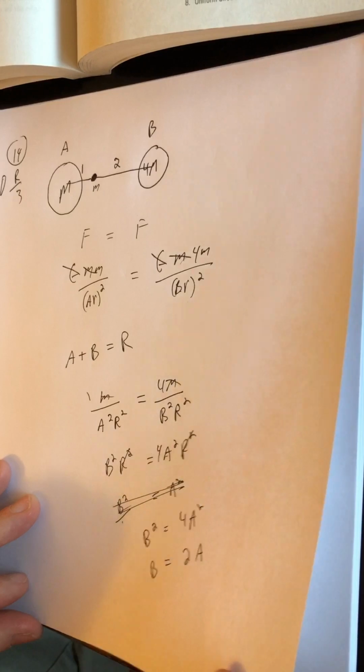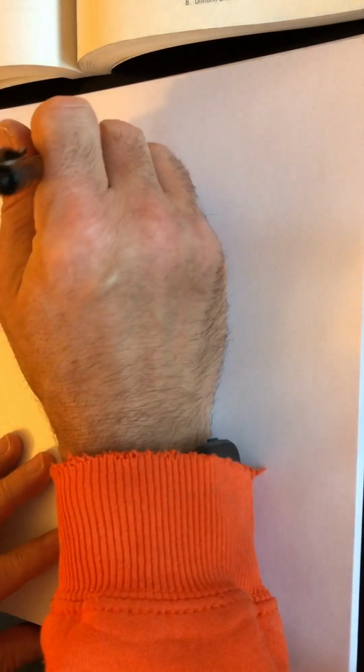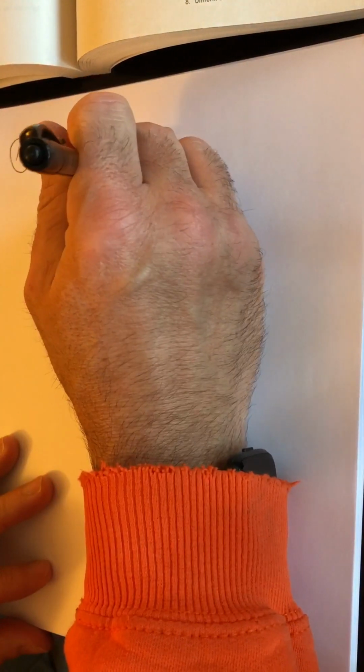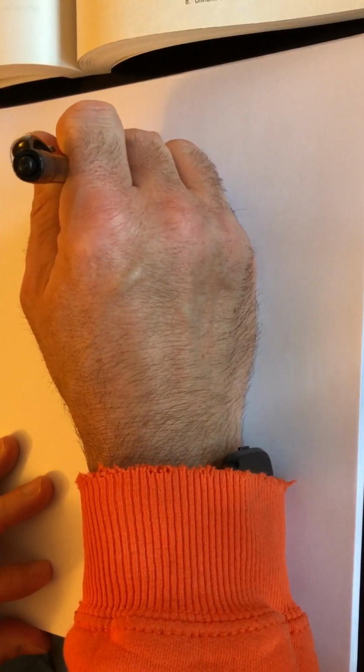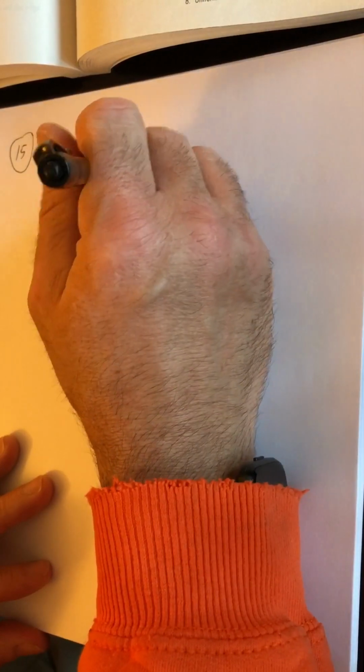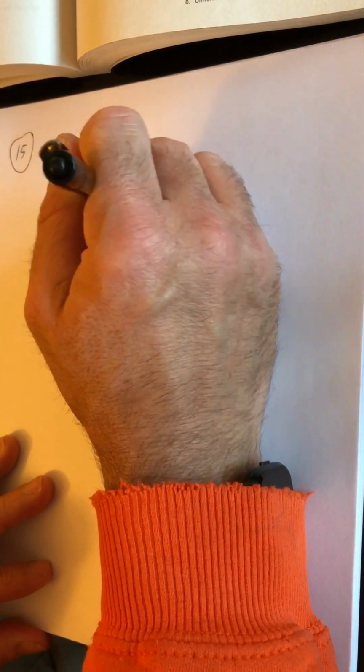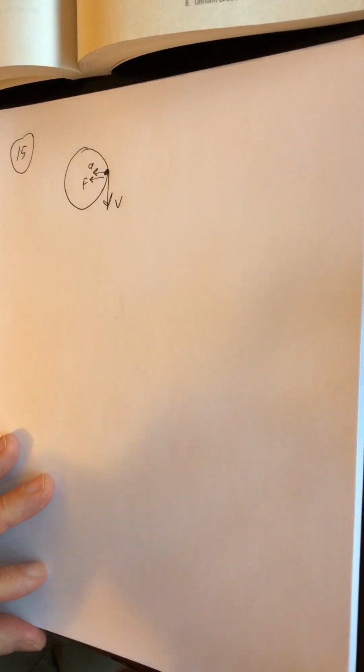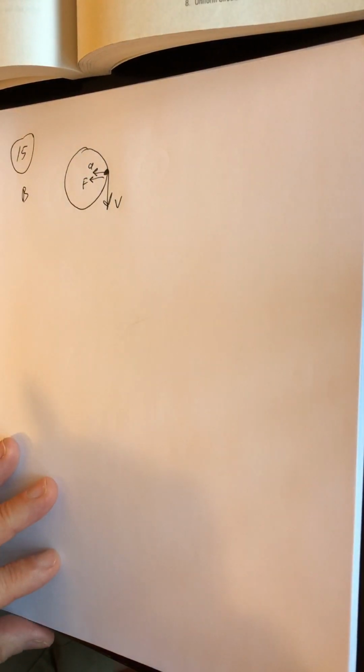So let's move on. 15. From that kind of crazy one to a simple one here, the acceleration is going to point towards the center, the force is going to point towards the center, and the velocity is going to be tangential. So 15 is B.